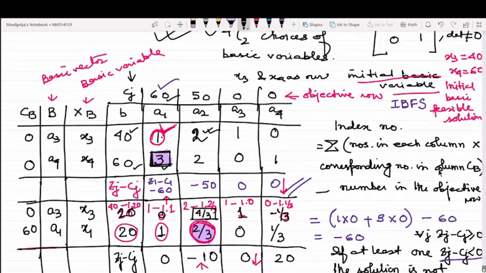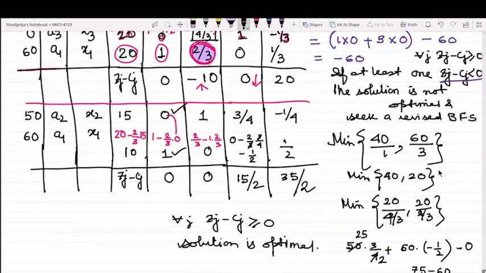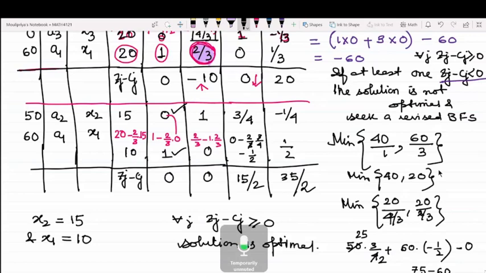So at the end of the table, we are getting x2 as 15 and x1 equal to 10. Am I okay with this?